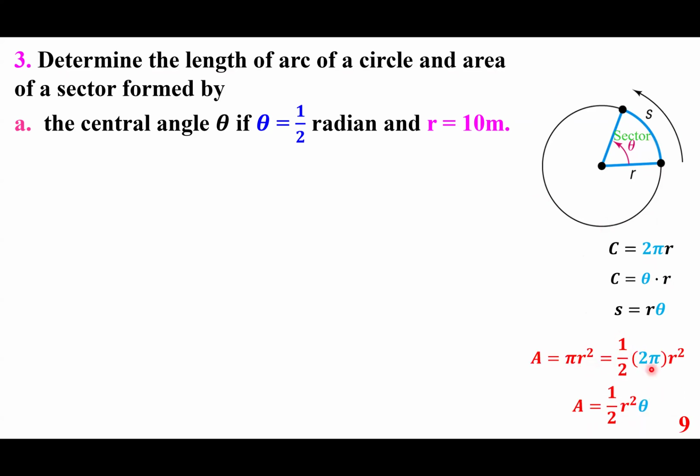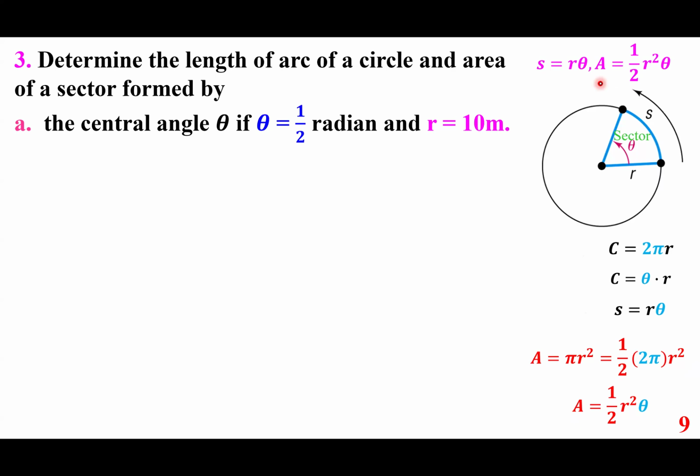So we can say half of 2 pi r squared. Remember, 2 pi is the theta. So 1/2 theta times r squared, or 1/2 r squared theta. Believe it or not, this is the proof for the two. For the arc length, s equals r theta. And for the area of a sector, half of r squared theta.